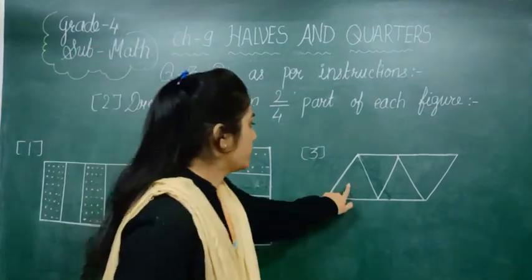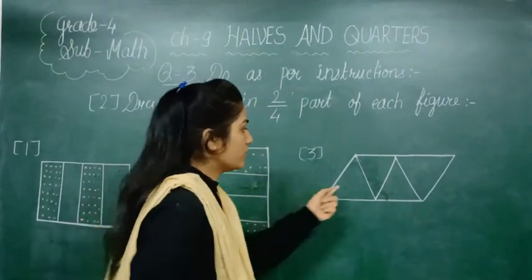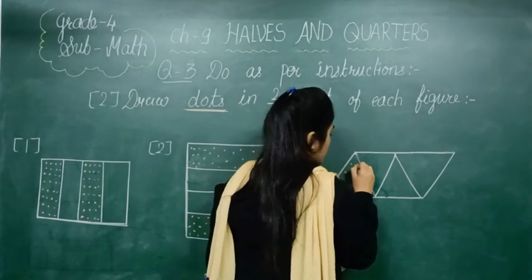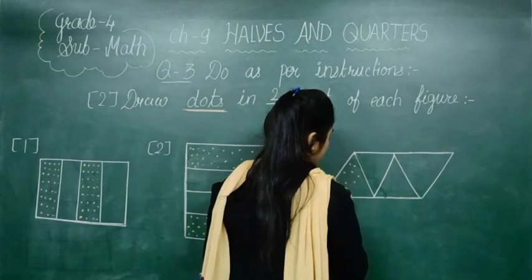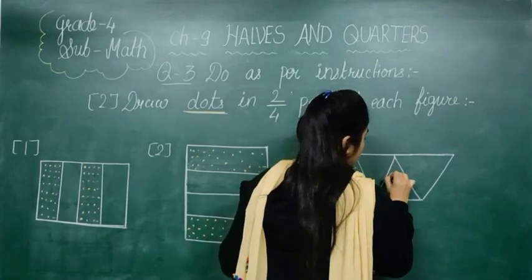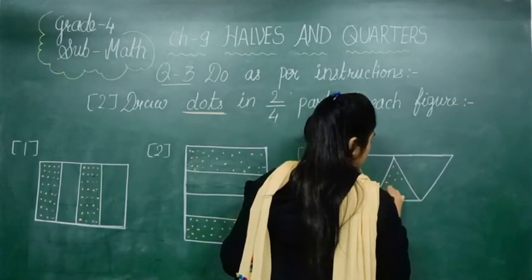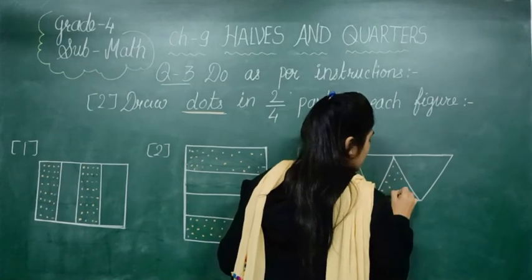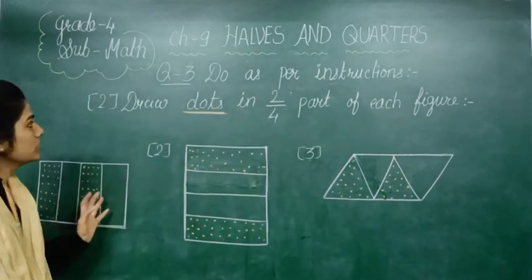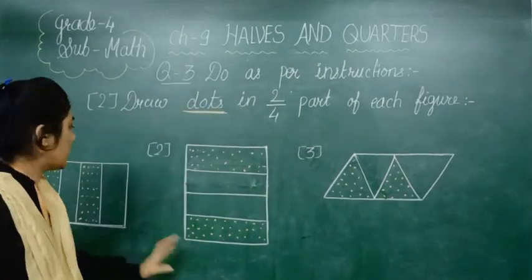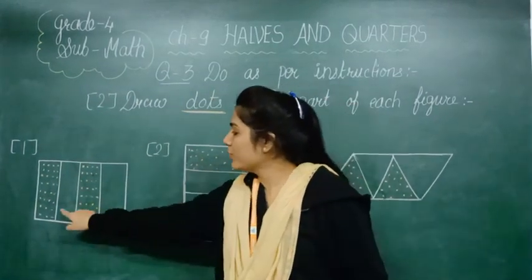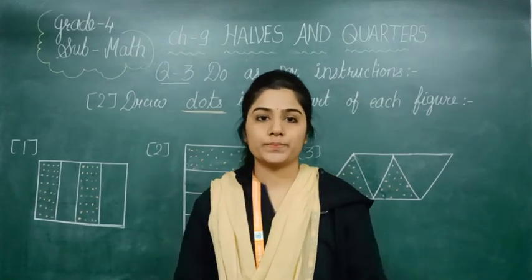Which I have drawn: 1, 2, 3 and 4. Out of 4 we are drawing the dots in any 2, which represents 2 upon 4. See. So this is your question number 2, draw the dots in 2/4 part, and each figure denotes the 2/4 part, because out of 4 we have drawn the dots in any 2.